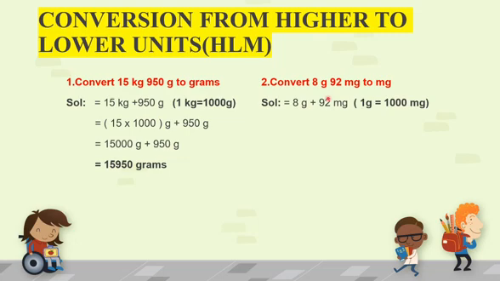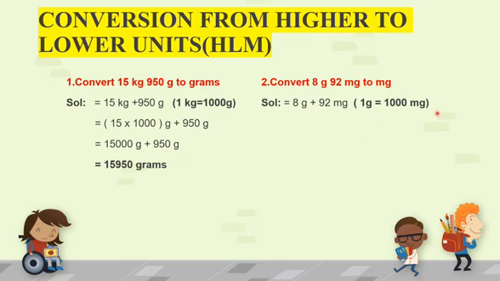What is the relationship between gram and milligram? The 92 is already in milligram, right? Only the gram part of the question needs to be converted into milligram, because the question is asking to convert to milligram. So 1 gram equals 1000 milligram, right?